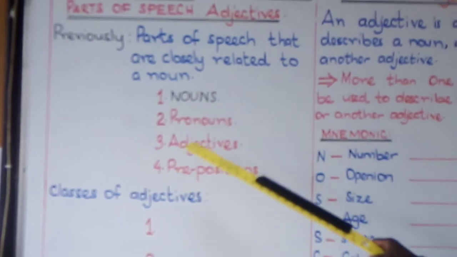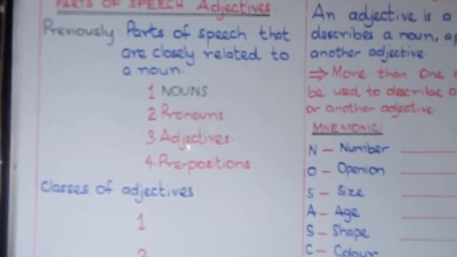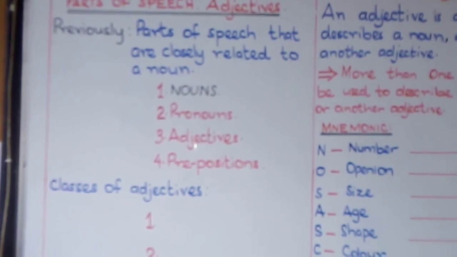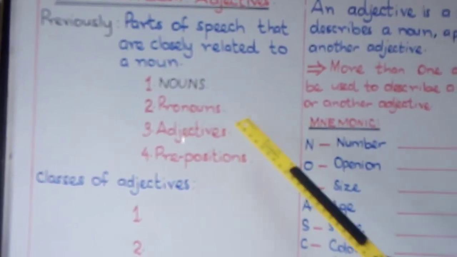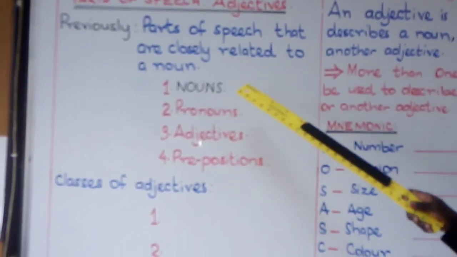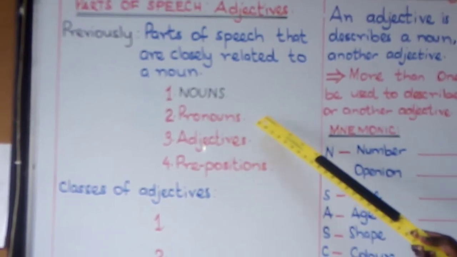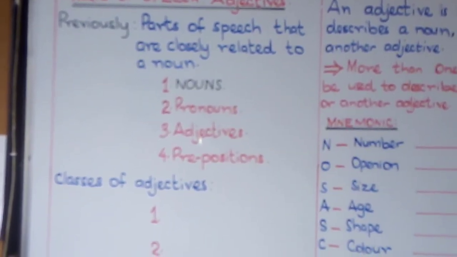So after nouns, we have pronouns. The word pro means they take up the place of a noun in a sentence to avoid repetition of the noun itself. Pronouns take the places of nouns.